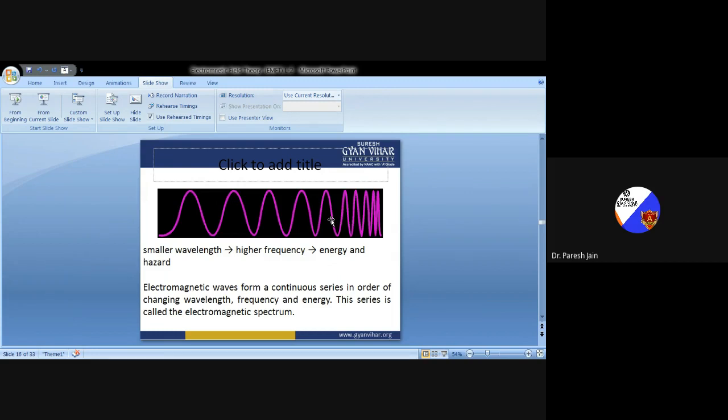The smaller the wavelength and higher the frequency, the higher the energy and hazards. Electromagnetic waves form a continuous series in order of changing wavelength, frequency, and energy. This series is called the electromagnetic spectrum.